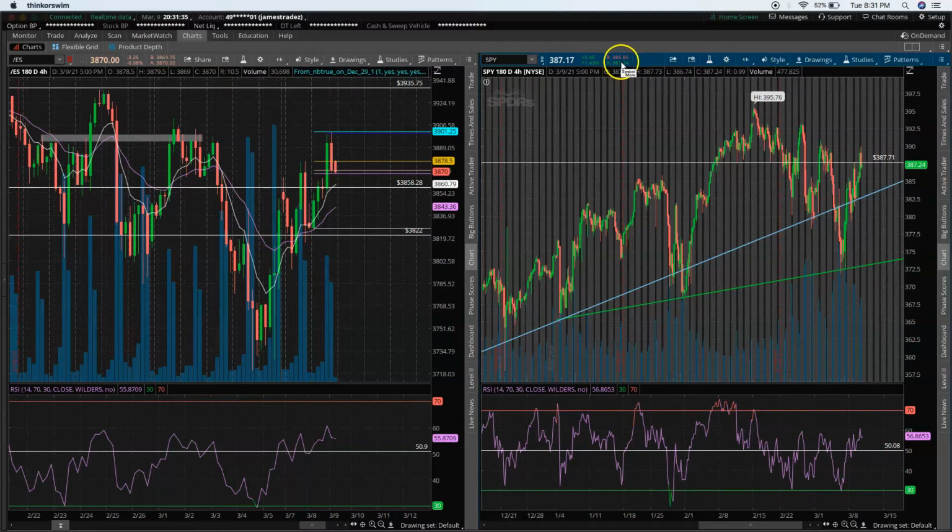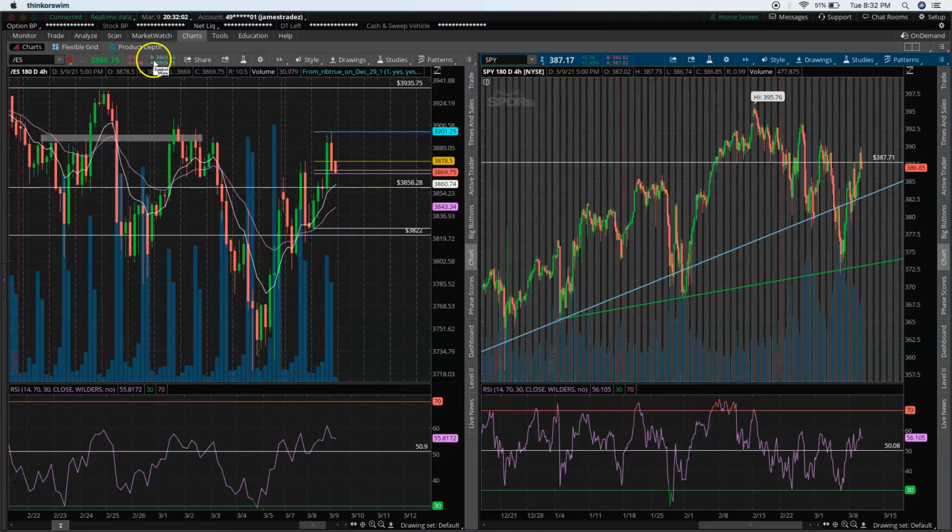SPY is not really doing much right here. You don't see many bids and asks being traded right now, but on the ES you see a spread, because the ES only moves in 0.25s. Whereas SPY can trade within pennies, ES is always going to trade within 25 cents.